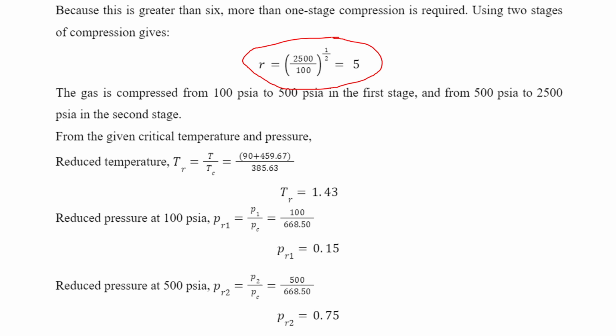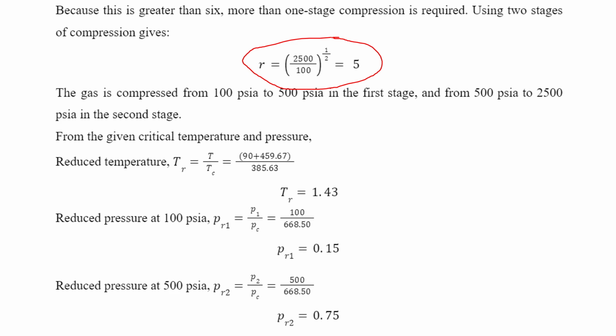for the first compression, 500 divided by 100 will be equal to 5. As 100 we already know, we find that the outlet pressure for the first compression will be 500, and taking that 500 as the inlet pressure of the second compression, the outlet will be 2500.